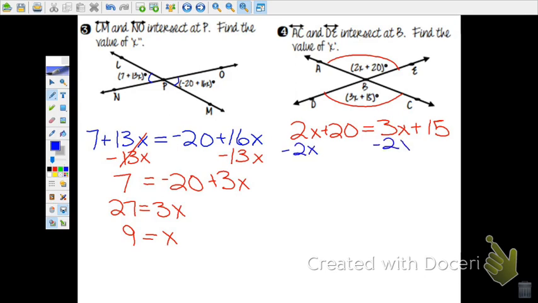I always get rid of the small one. So 20 equals x plus 15. So I'm going to subtract 15 to find that x is equal to 5. And again, that's all the further I need to go with that one.